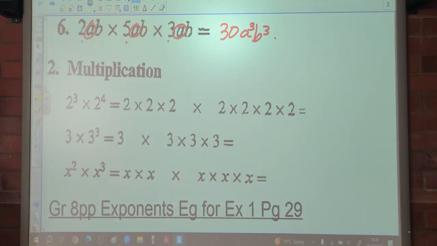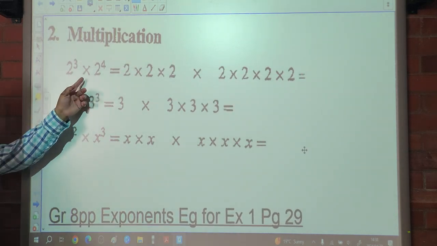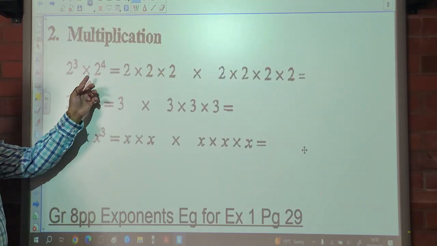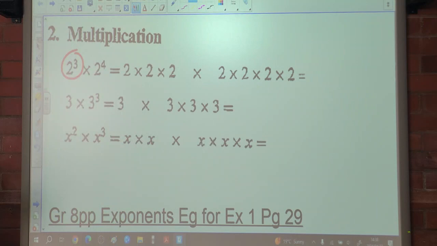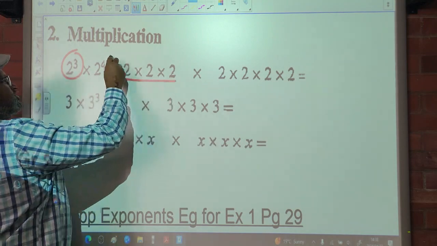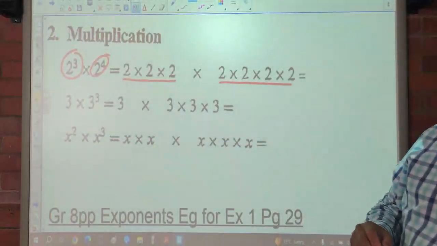Right. Now look at multiplication. Okay, number 2. You got 2 to the 3 times 2 to the 4. So what does 2 cubed actually mean? 2 times 2 times 2. What is 2 to the 4? 2 times 2 times 2 times 2.